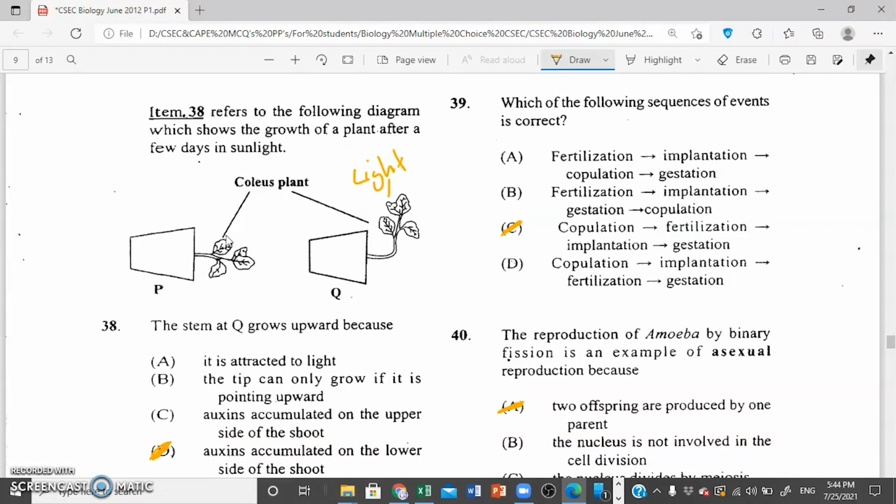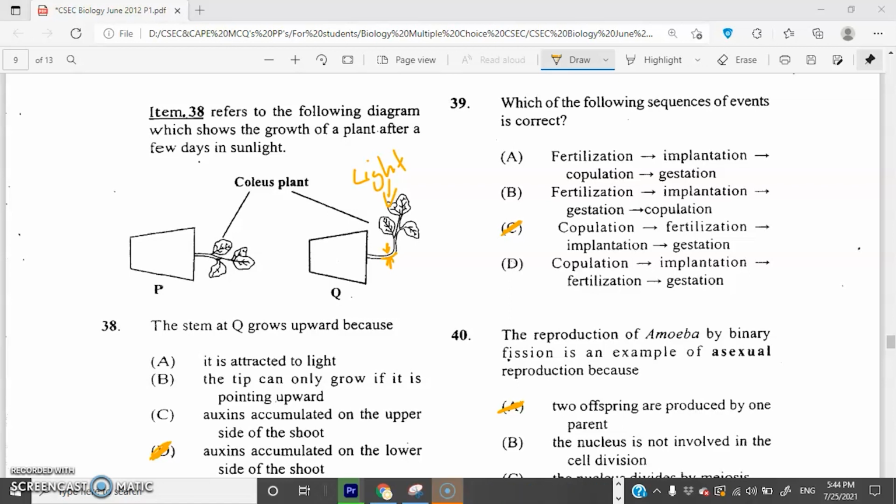As the light shines on the shoot, the auxin in the upper region is broken down, so you have accumulation of auxin below. Because you have more auxin on the lower end of the shoot, you would have more growth on the lower end, causing the shoot to bend upwards.